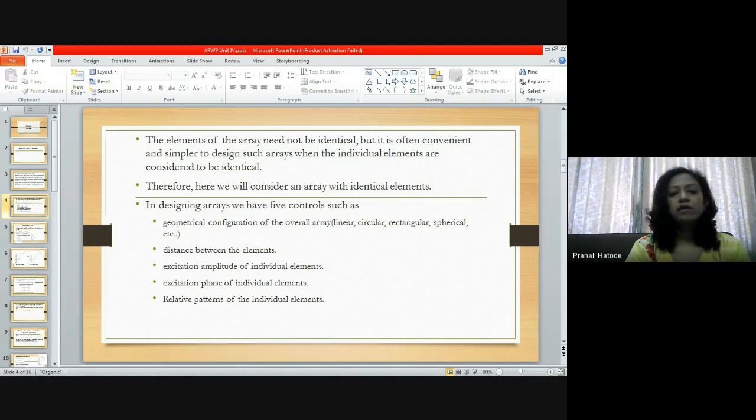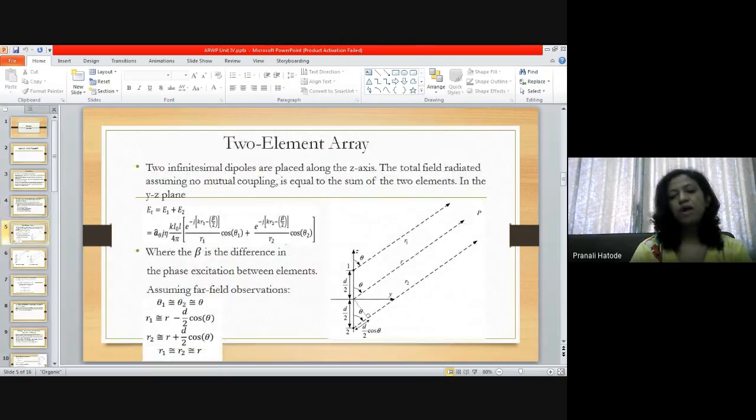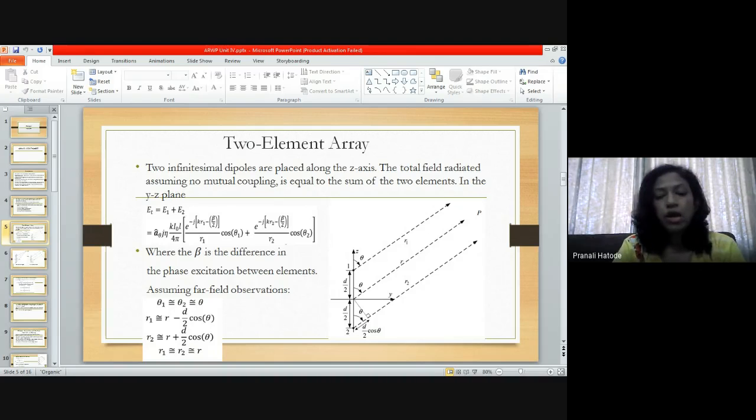Then the relative pattern of the individual element: the radiation pattern coming out from every single element could also be a controlling element. Now let us understand what a two element array is. More than one element will of course give rise to an array.